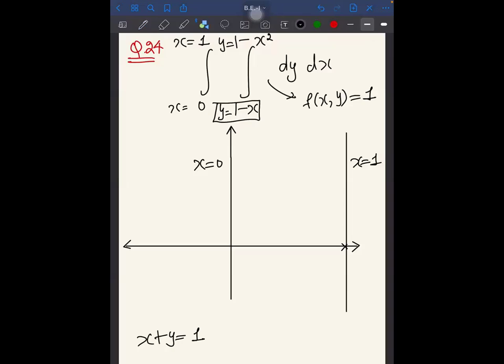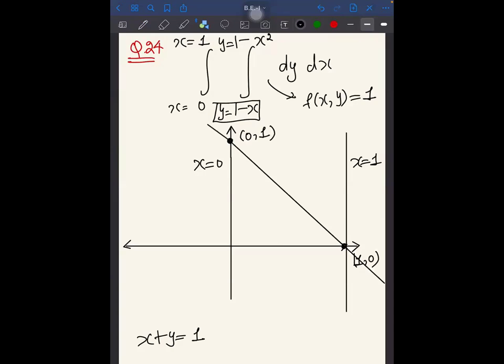So this is almost 1 over here, and this is also our 1. So this is 1, 0, and this is 0, 1. So we are plotting that line. So that line will become this: x plus y is equal to 1. Are you with me? Yes, sir.